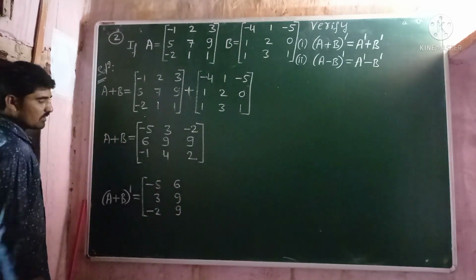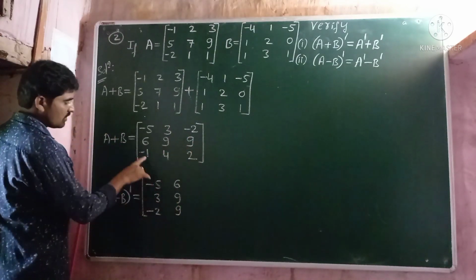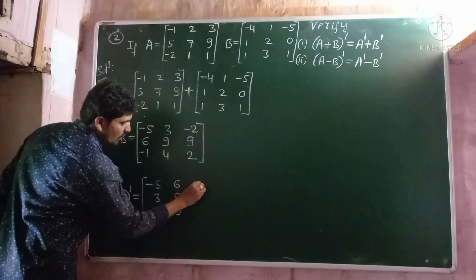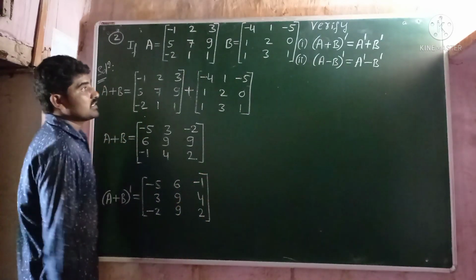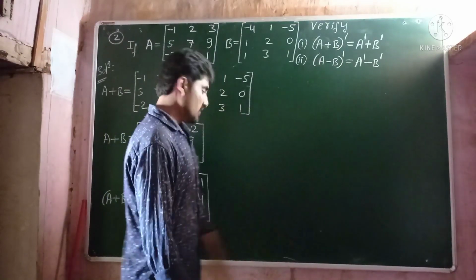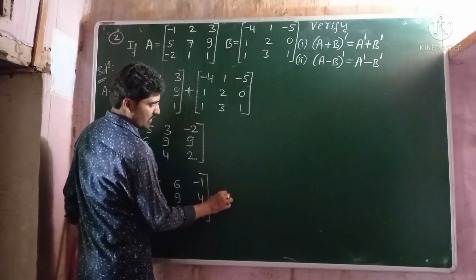Second row becomes second column, and third row becomes third column, -1, 4, 2. This is the LHS of the first equation, therefore call it equation number 1.